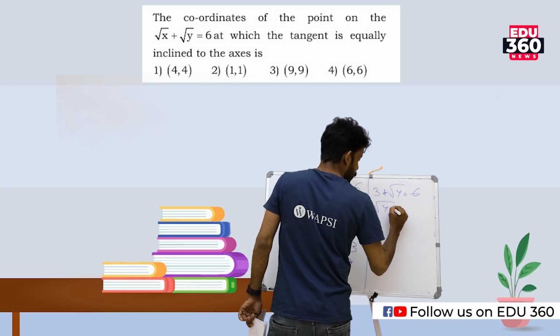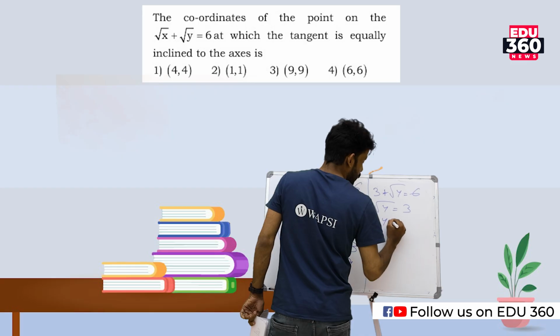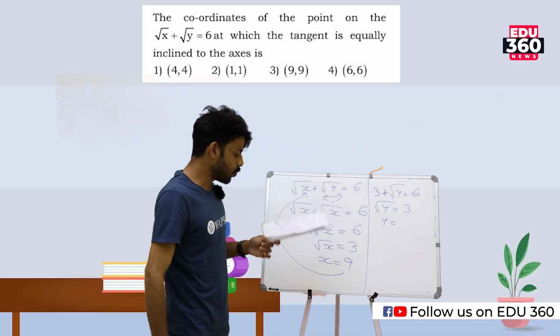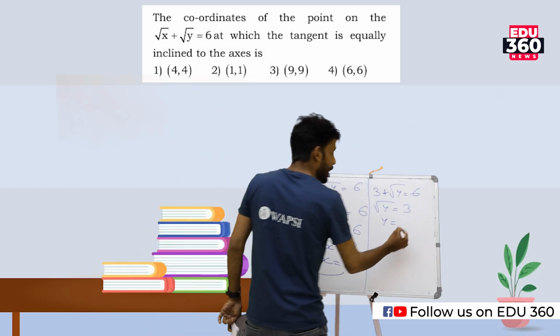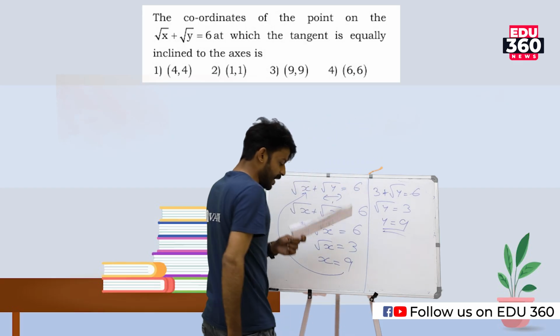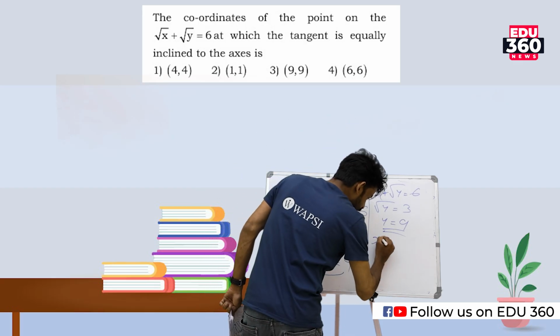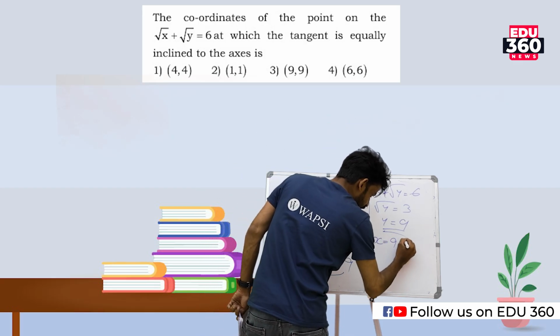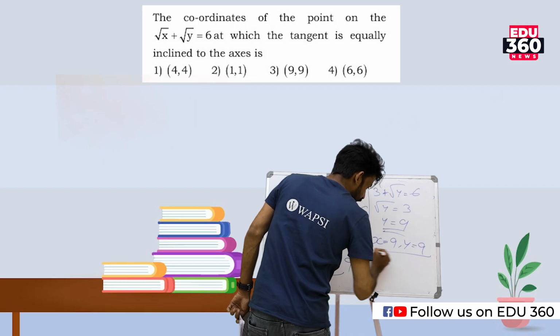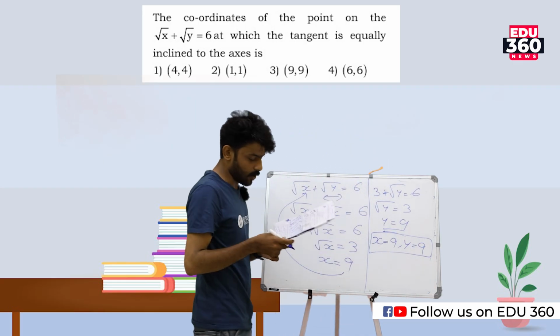So root y is equal to 3. Therefore y is equal to 9. Okay, so x is equal to 9 and y is equal to 9.